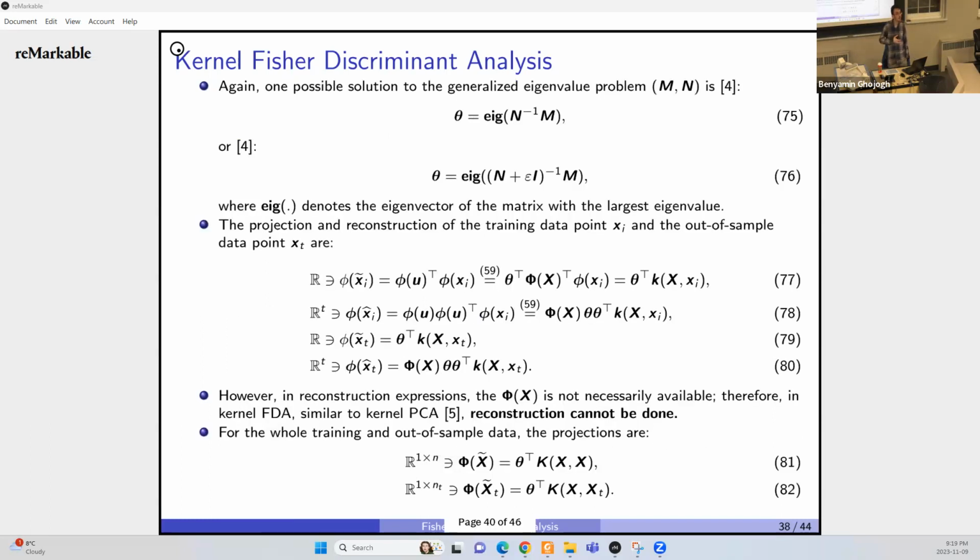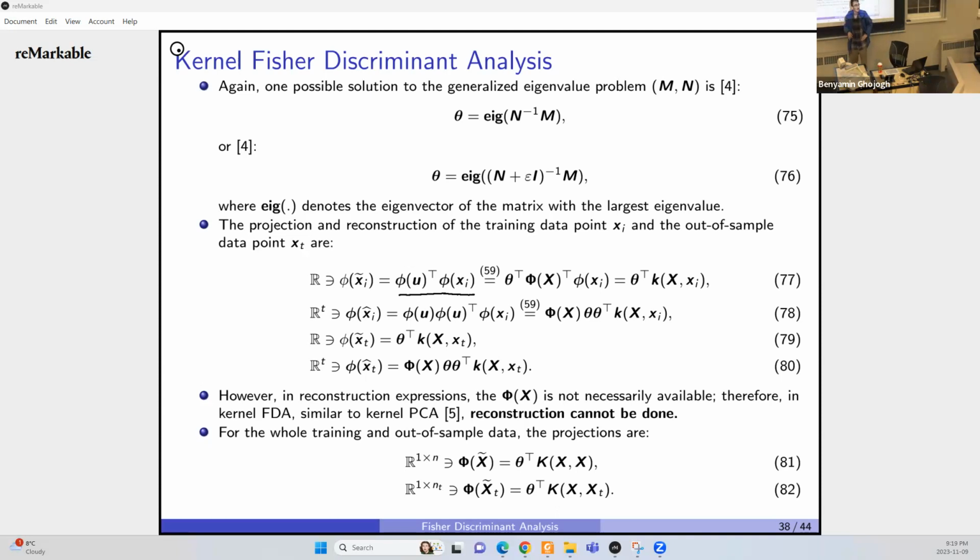Now assume we found theta. How do we do linear projections and reconstruction? Previously we used U transpose X. Now we should use phi U transpose phi X. Let's see what happens. This is the second important part of kernelization by representation theory, in the test phase.